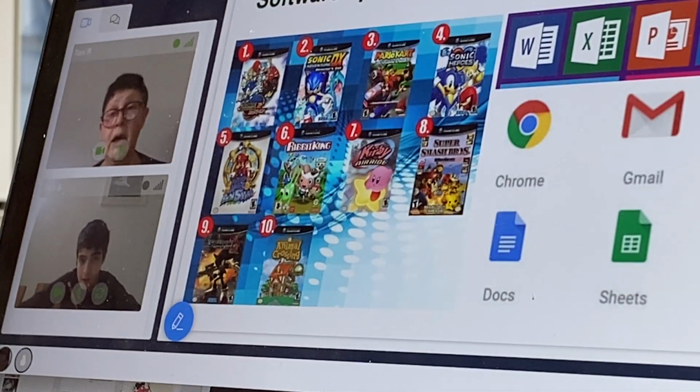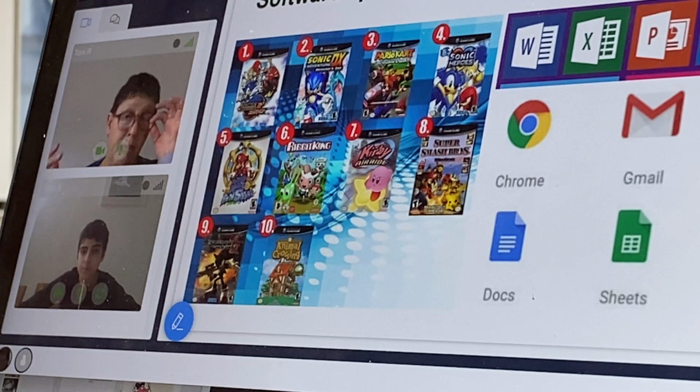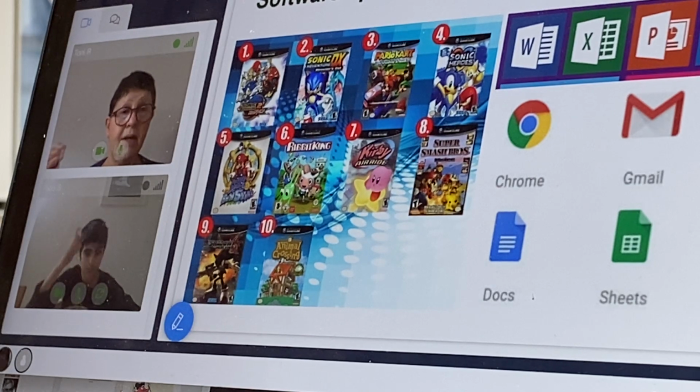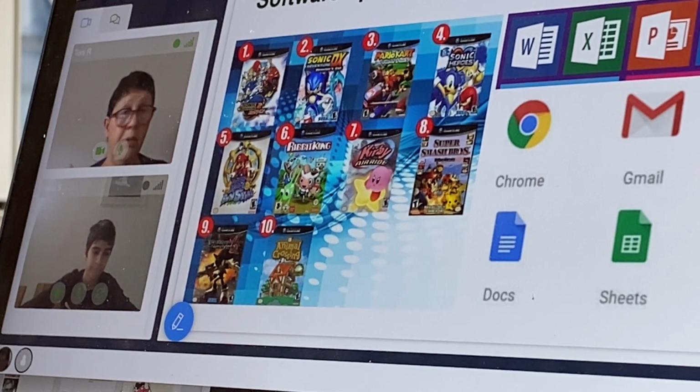Software then are the programs that make up the computer system. So that might be business applications like Microsoft Office with word processing, spreadsheet, presentations, etc. It might be the games that you play. Those are still software.